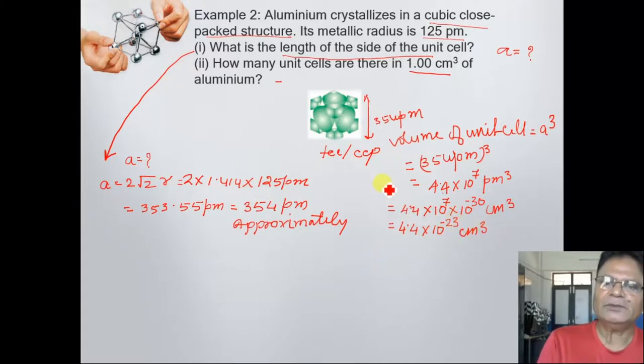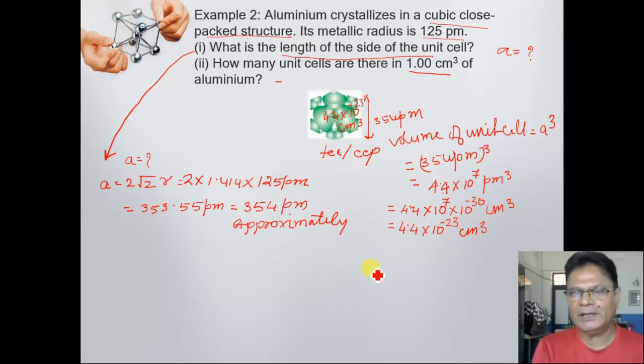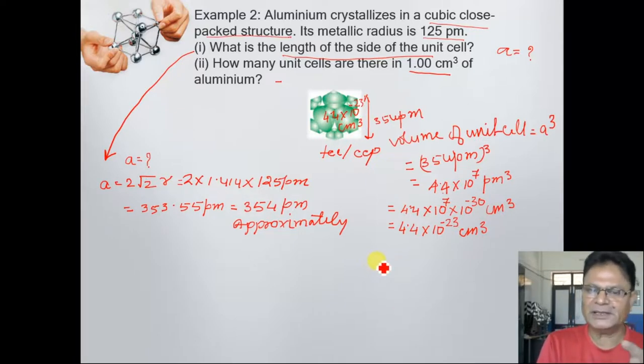This is the volume of this unit cell, 4.4 into 10 to the power minus 23 centimeter cube. Now we have to find out how many unit cells like this are there in 1 centimeter cube of aluminium. How can we find out?